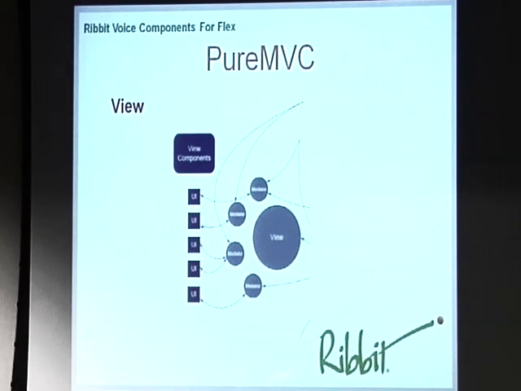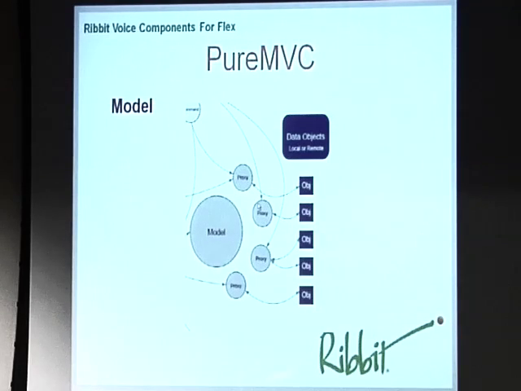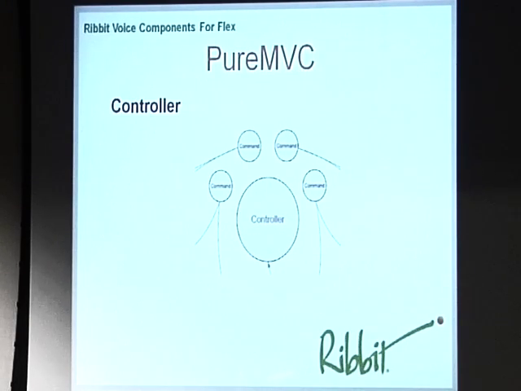You have your view side, which acts as all of your mediators to your UI, your view components. You have your model side, which is all of your just data objects, and your proxies talk to that. And then you have your controller and commands that basically do all of the processes there and do your logic. And so that's the PureMVC way of doing the MVC design pattern.